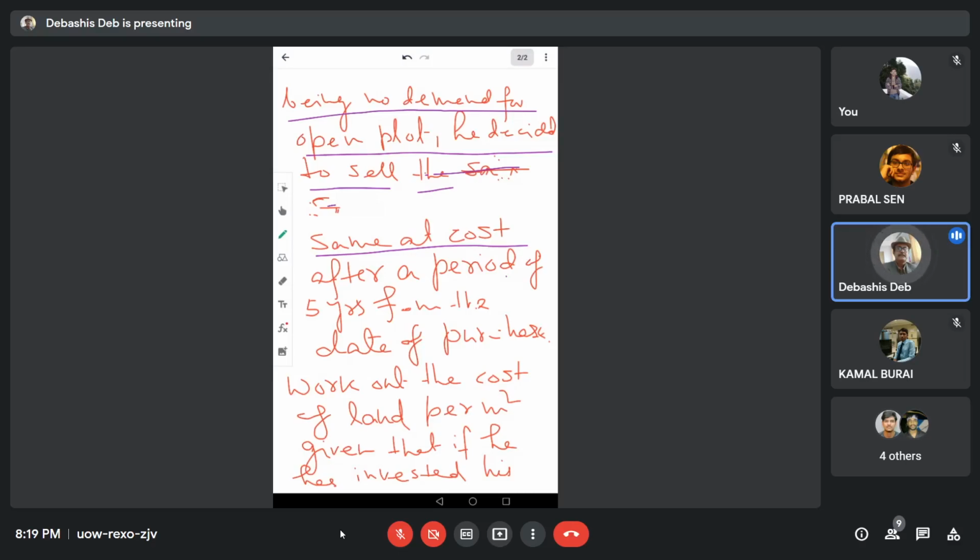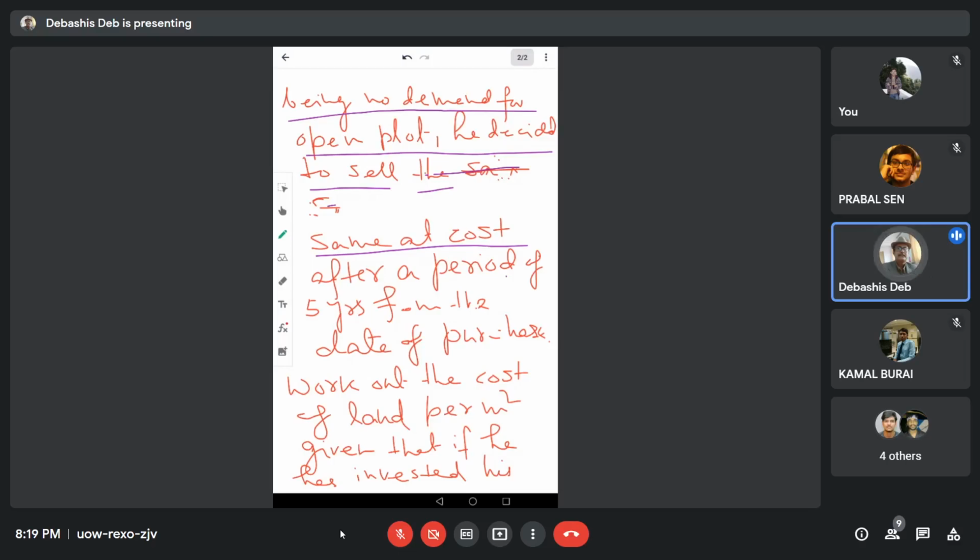Let me sell the entire property. But he was not interested to earn profit, only to recover the cost incurred by him for purchasing the plot as well as for development of the plot by constructing roads, godown, building, etc.